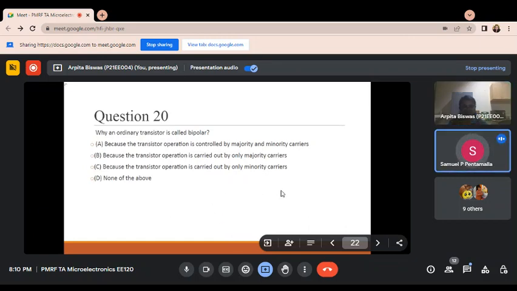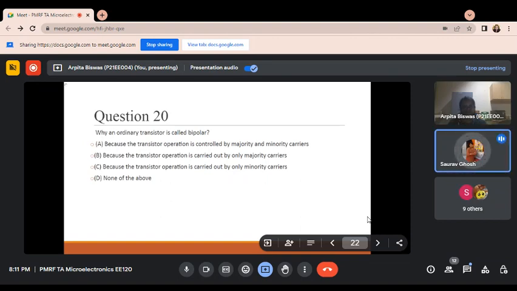Due to minority carriers there is a leakage current. Due to majority carriers, there is the main output current. Okay. Ashura, can you explain a little bit about it?